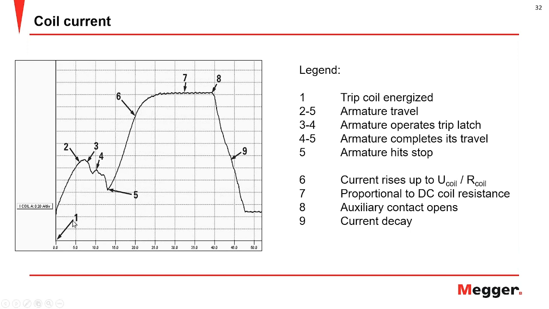And looking at the curve, you can identify the entire journey of the circuit breaker. Even looking at an electrical curve, you can identify mechanical events in the operation of the circuit breaker.